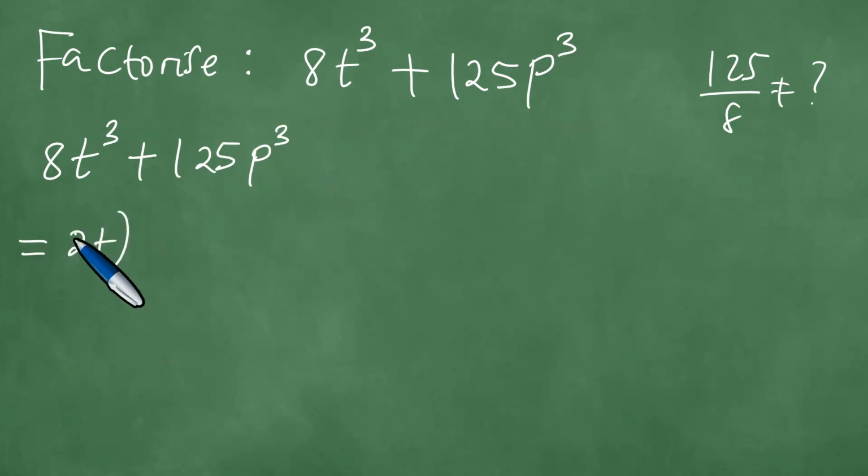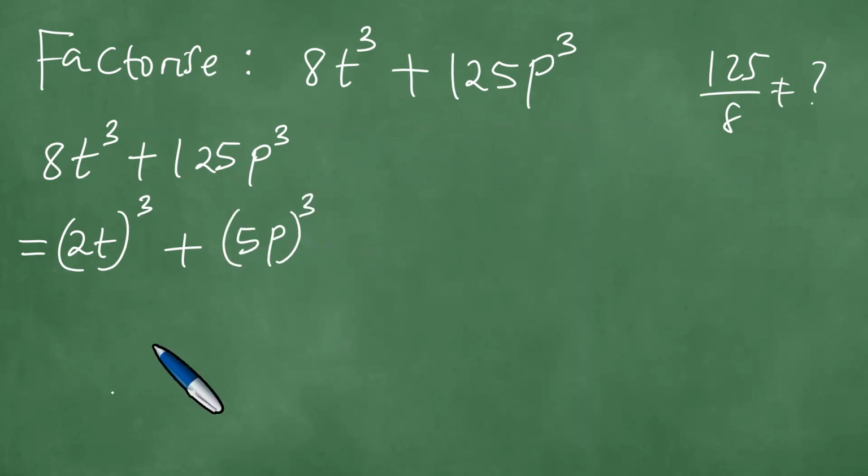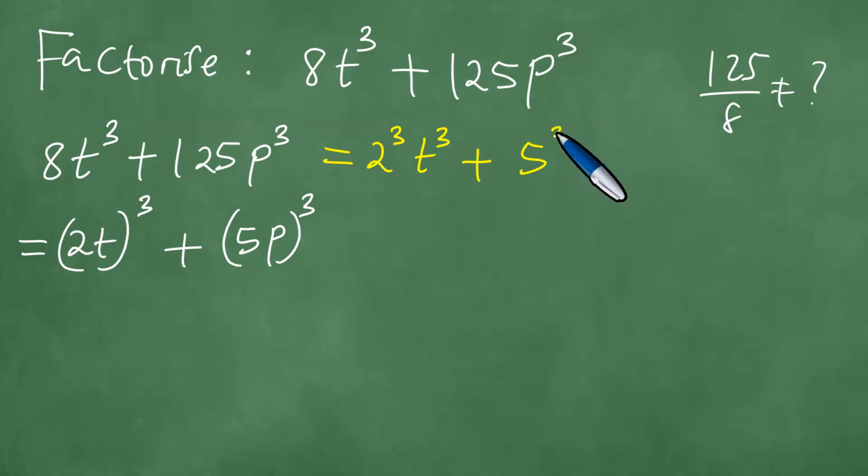So this is 2t, you cube it, and then 125 is 5 cubed. You need to realize that 8 is 2 cubed, t cubed, 125 is 5 cubed, then p cubed. Because these things are cubed like this, you can take one cube and write like this, okay?